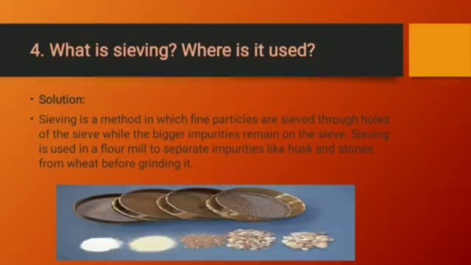Some holes are there in the sieve, so the holes of the sieve allow the fine particles to pass through, while the bigger impurities remain on the sieve only. So the solution is, sieving is a method in which the fine particles are sieved through the holes of the sieve, while the bigger impurities remain on the sieve. And sieving is used in a flour mill to separate impurities like husk and stones from wheat before grinding it.